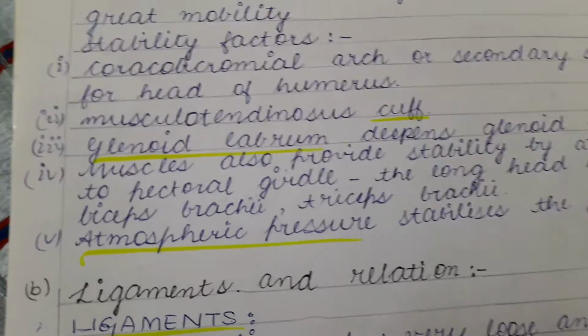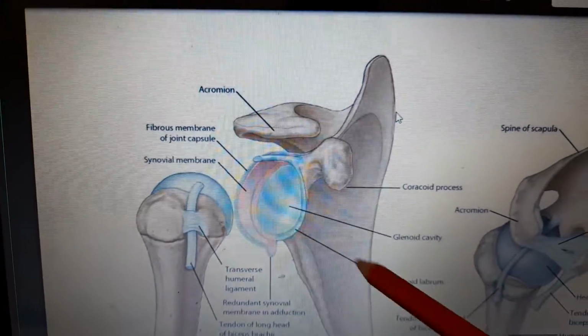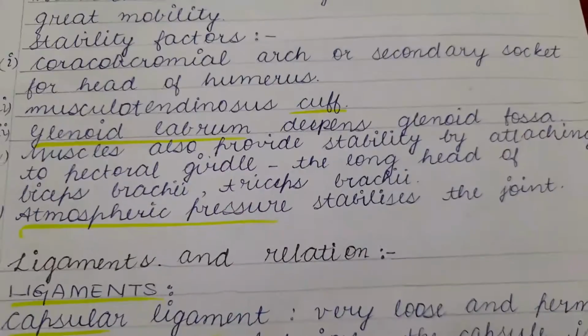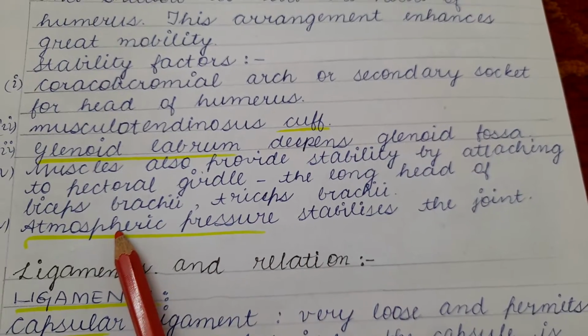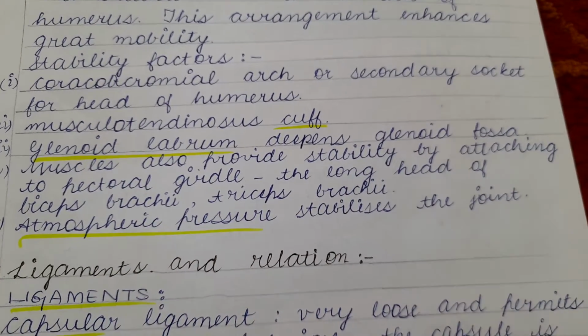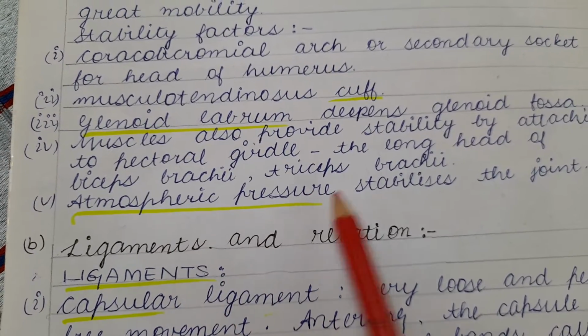The third factor is the glenoid labrum. The glenoid labrum deepens the glenoid cavity. Stability is also provided by muscles like the long head of biceps brachii and the long head of triceps brachii. The fifth stability factor is the atmospheric pressure.